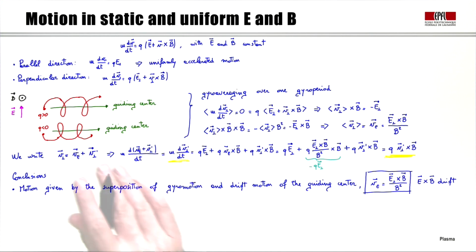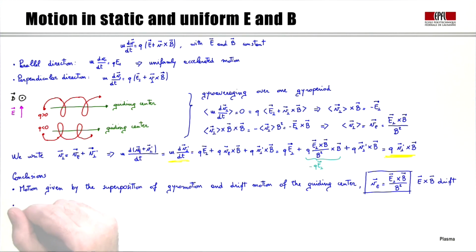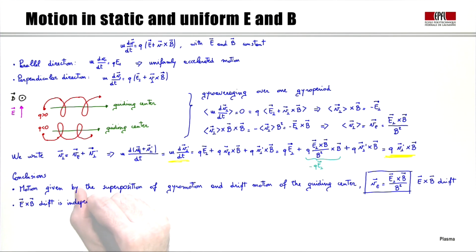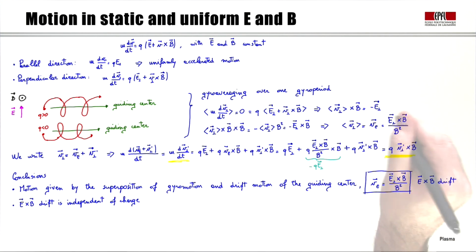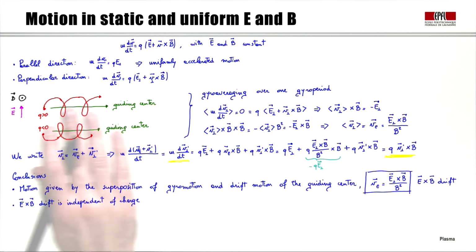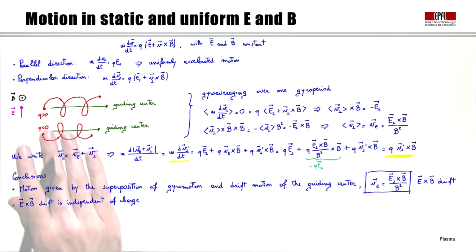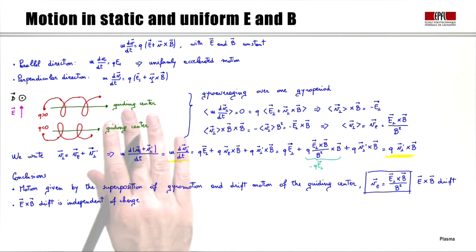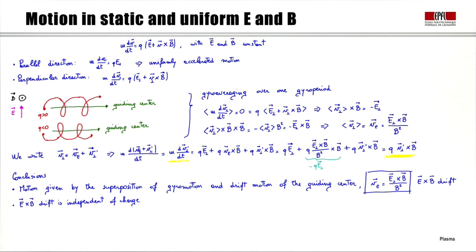The second observation that we want to make in this still relatively simple case is that the E cross B drift is independent of charge. Here in this expression there is no charge that appears. This is why the guiding center both for the positive and negative particle are moving in the same direction.